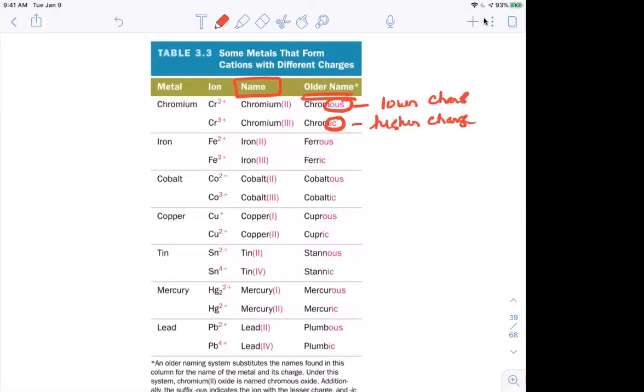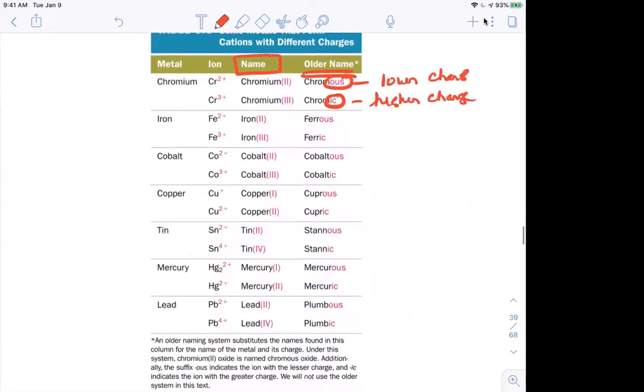So +2 would be the chromous ion and +3 would be the chromic ion. These actually are not used very often, and it's really good that they aren't, because you'd have to know that chromium forms +2, and that's the lower charge, in order to correctly name this ion.